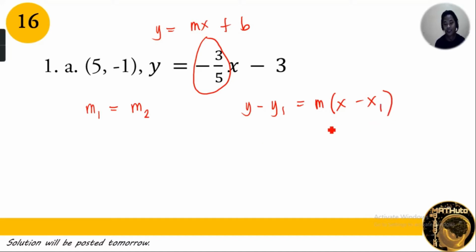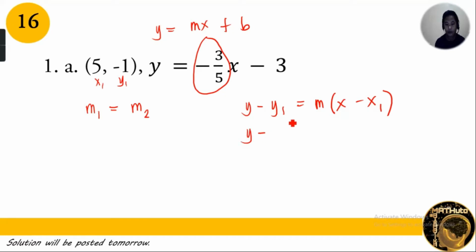So, ang tawag po natin dito sa equation na to is point slope form, given the slope and a point. So, ang ating 5 and negative 1 is x sub 1, y sub 1. Substitute to the variables.